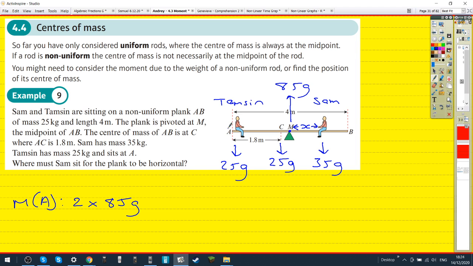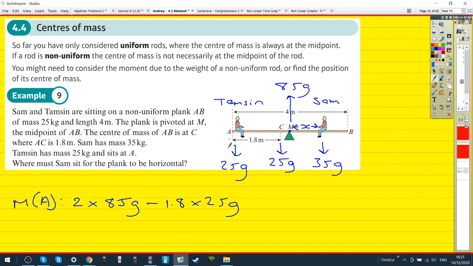This time distance from A. Oh, so will it just be 2 again? Well, you did the 2 force. 85G is 2 away from Tamsin. Is it 1.8? Yeah, 1.8 times 25. And that one is negative. So I just do 0. What from A, is it 0 times 25G?